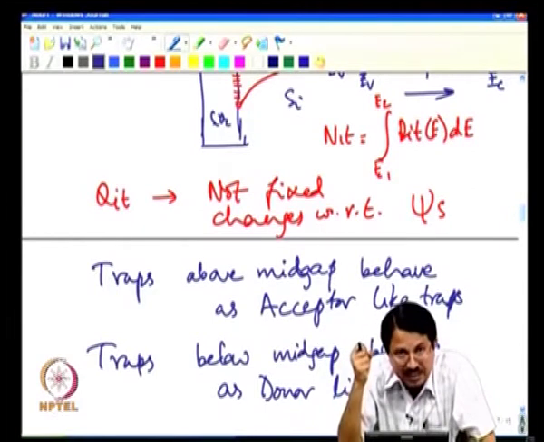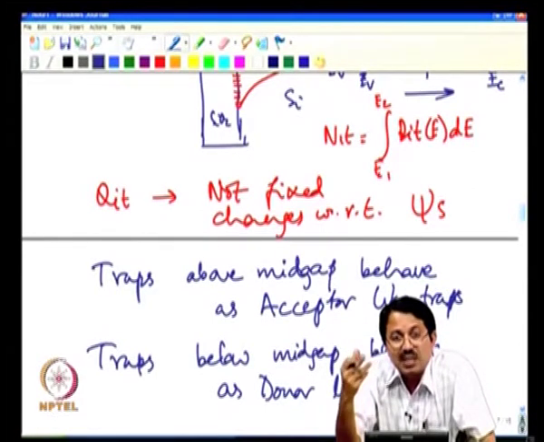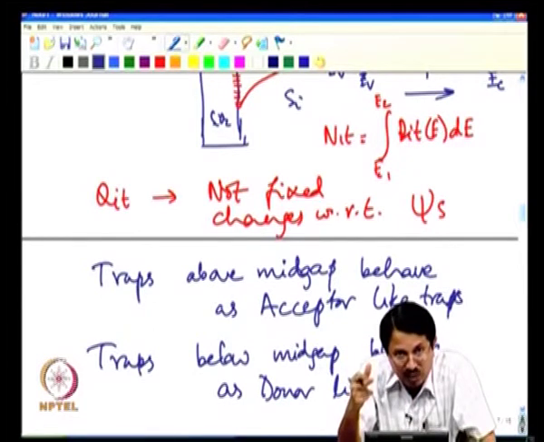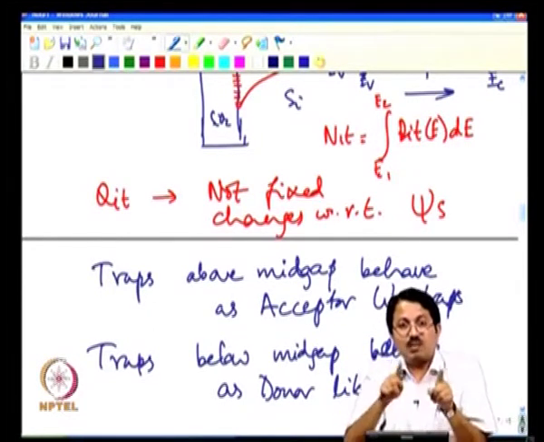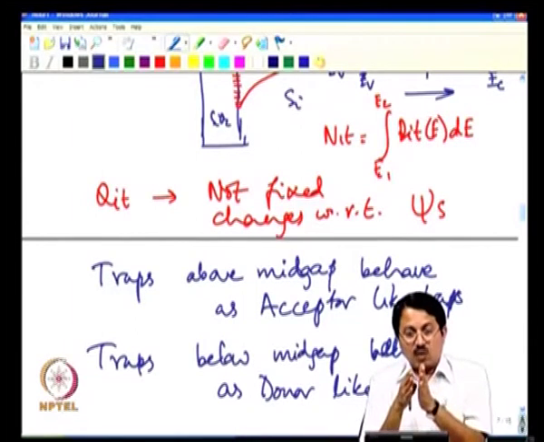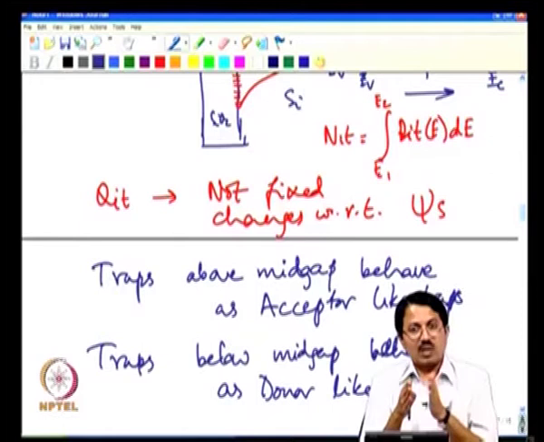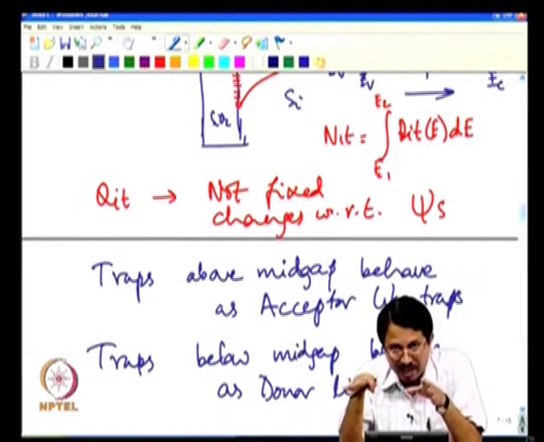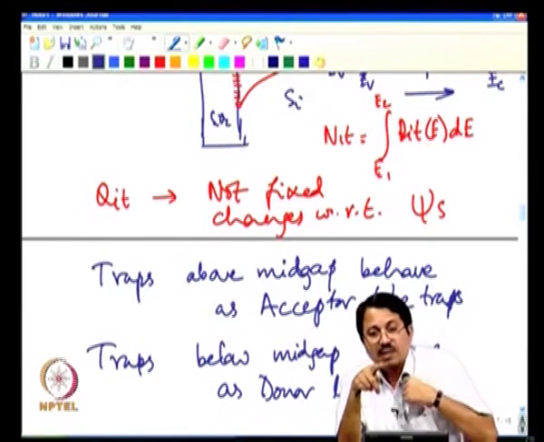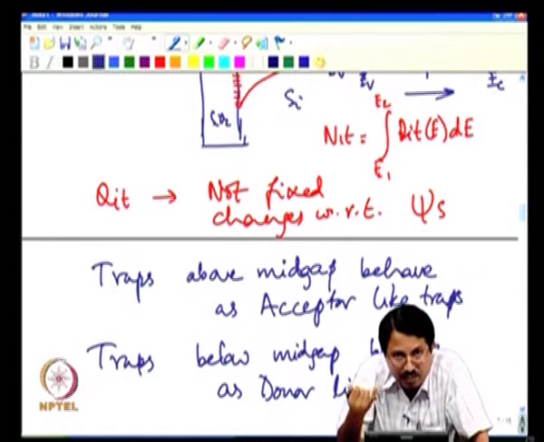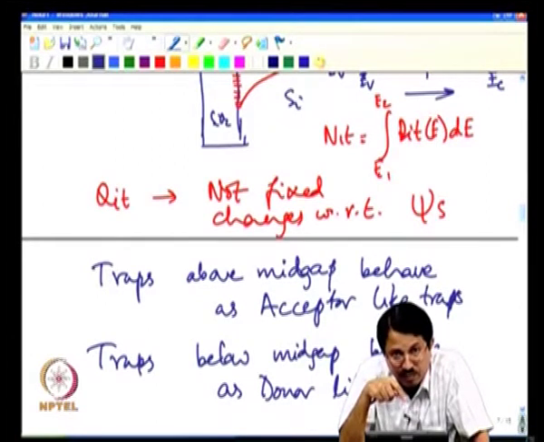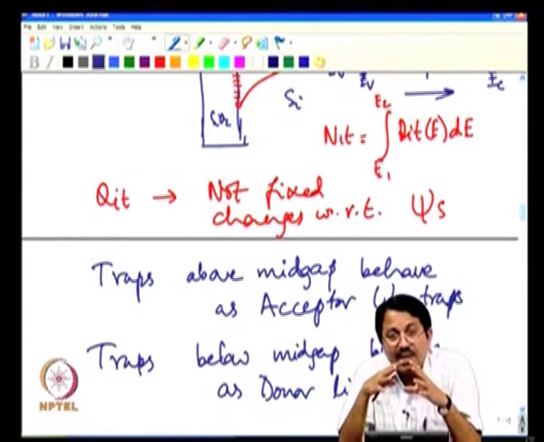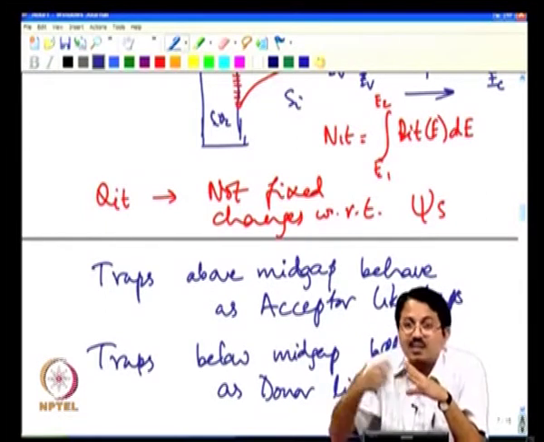Now, when they trap these carriers, the question is whether they will be positive and neutral, or neutral and negative, because you can only change between two states. You can go from neutral to positive, or from neutral to negative, but you can't go from negative to positive unless it captures multiple carriers, and that does not happen. Let us consider an arsenic atom. It can either be neutral or, when it donates an electron, become positive, but it can't become negative, because when it has all the electrons filled it has no tendency to get an extra electron.